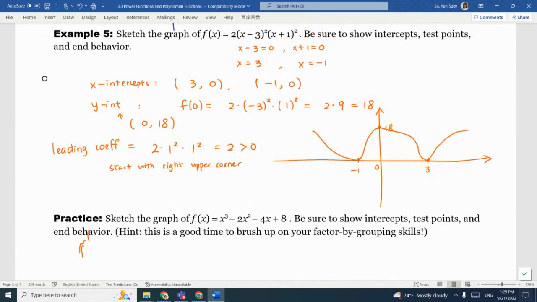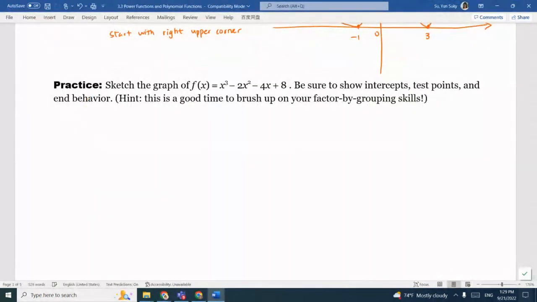So group the first 2 together. So x cubed minus 2x squared. And then group the last 2 together. But do you see when you group the last 2, the plus 8 becomes minus 8?